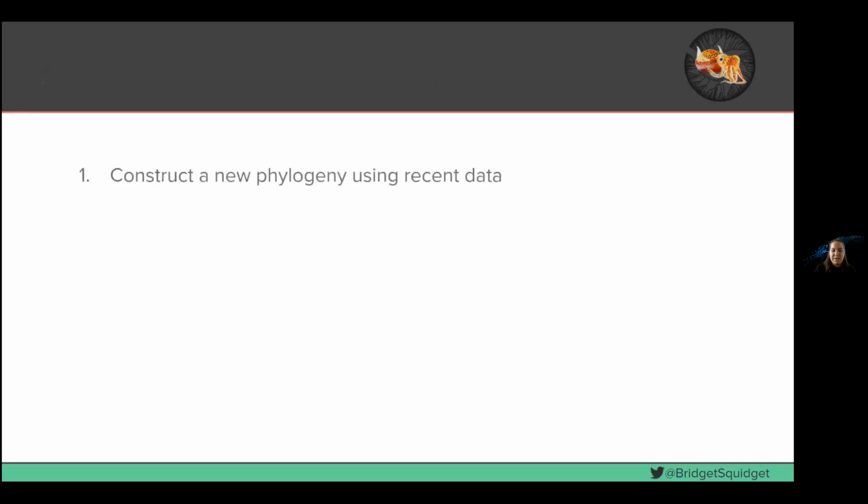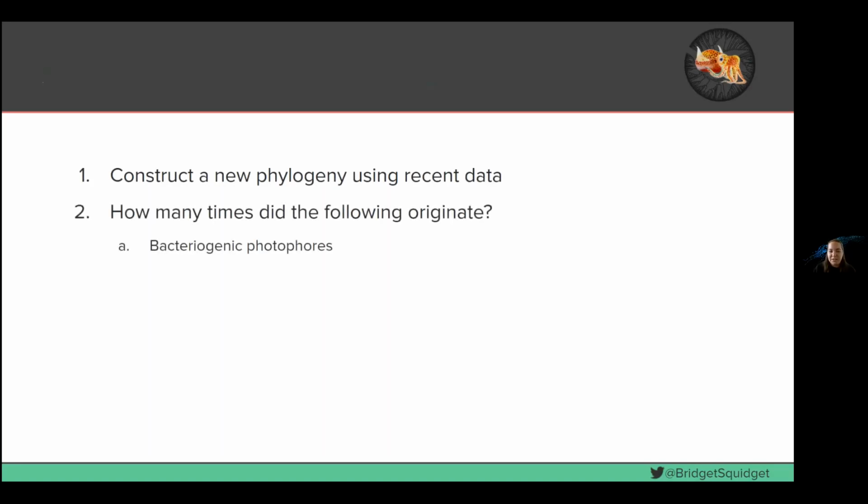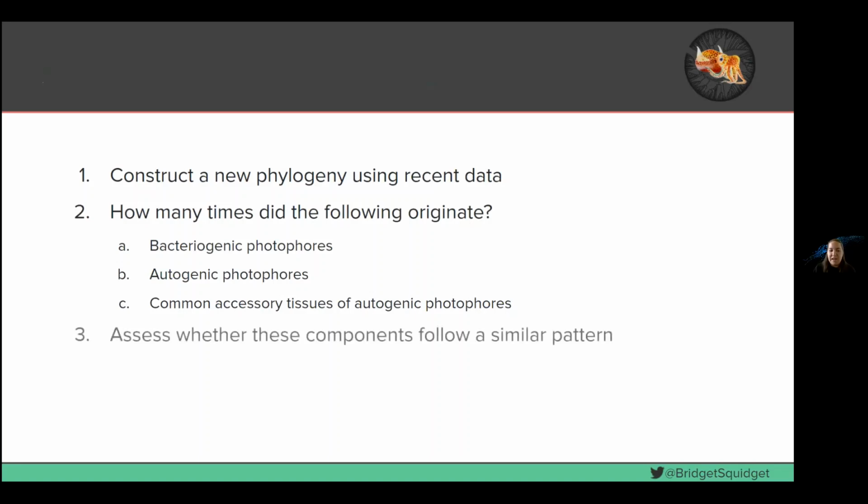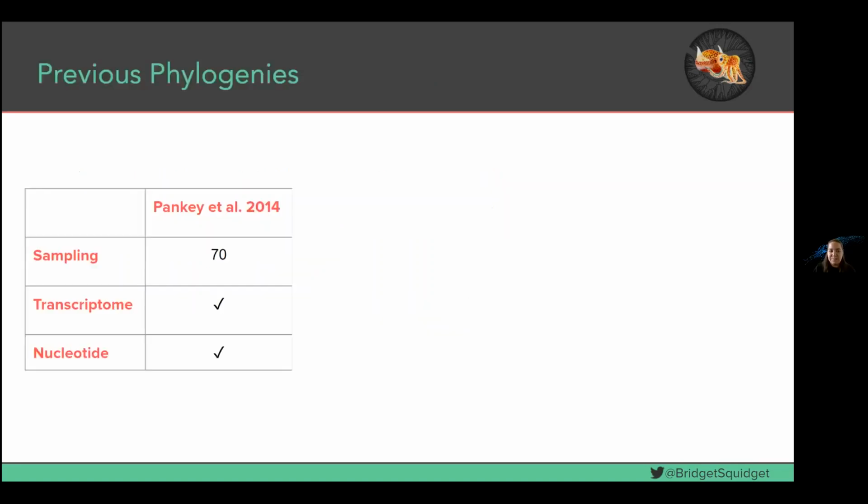And so to tackle this question, first we needed to construct a new phylogeny using recent data, then determine how many times bacteriogenic photophores, autogenic photophores, and the accessory tissues of autogenic photophores originated, and then assess whether all of these components follow a similar pattern.